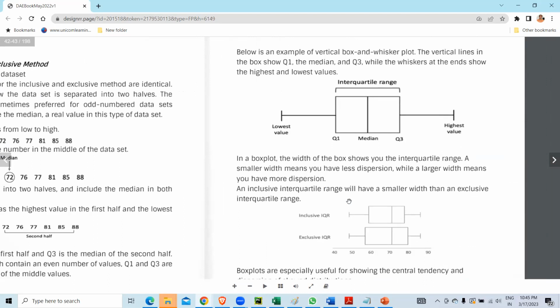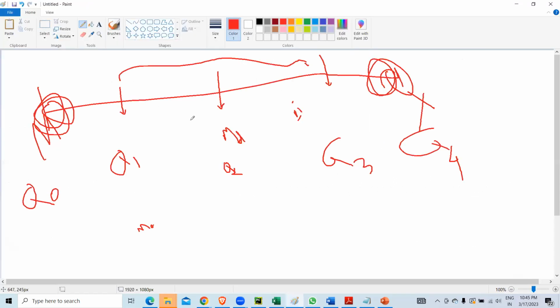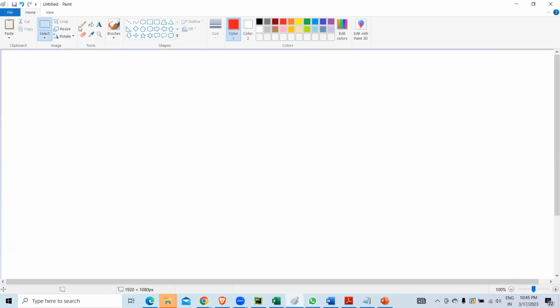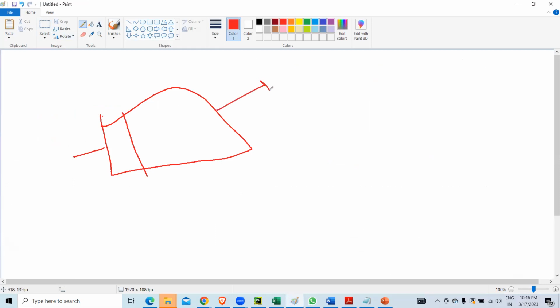You will have a box with a cut here, and then you have two handles. Those two handles are Q0 to Q1 and Q3 to Q4. This is your Q0, the minimum value.